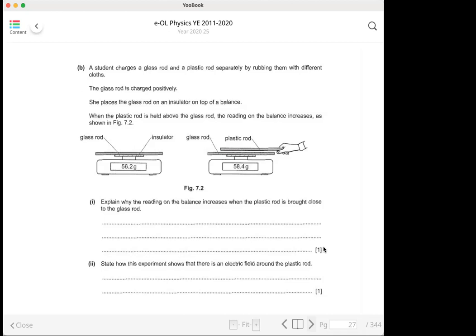Anybody need help for this? Type help in the chat. Okay, this is a 1 mark question for both. Both questions are 1 mark each, so don't take too long.